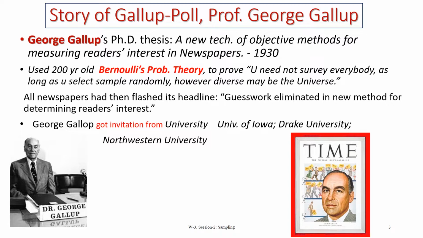He wanted to prove you need not survey the entire population or everybody, because if you select a randomly perfect representative sample, then your result will be equally trustworthy and accurate.